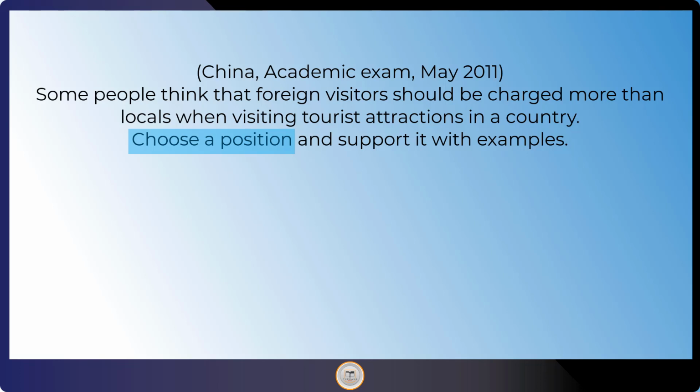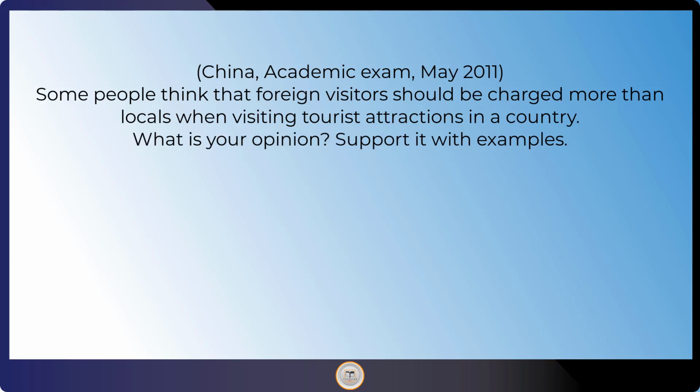Here you have "choose a position," which is just kind of asking you to either support the idea that foreign visitors should be charged more than locals when visiting tourist attractions in a country, or refute it. Go against this. Just choose one or the other, and support it with examples. Of course, that would be an argument essay.